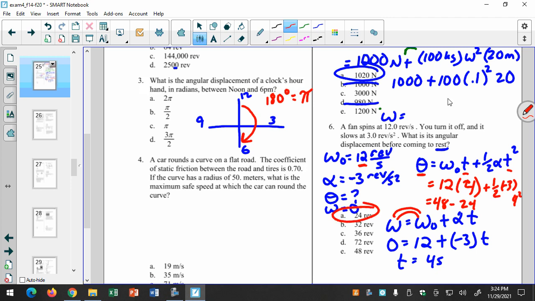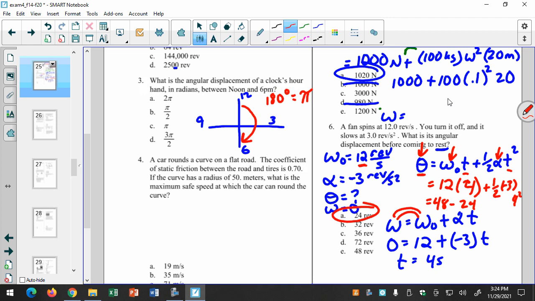Notice that I didn't have to convert it to SI units. I do not have to convert this to SI units because if I have consistent units in theta, omega naught, and alpha, then it'll stay consistent. As long as I'm using revolutions throughout all, radians throughout all, or degrees throughout all of those quantities, then I'm okay keeping them.